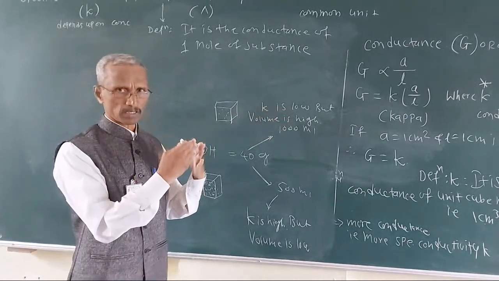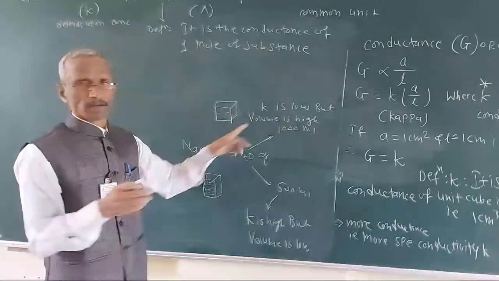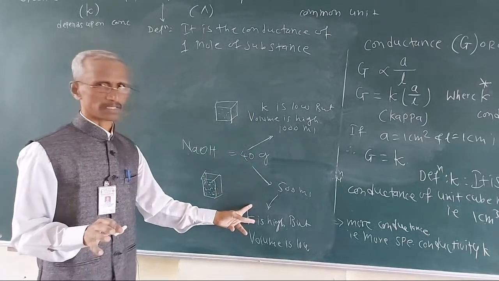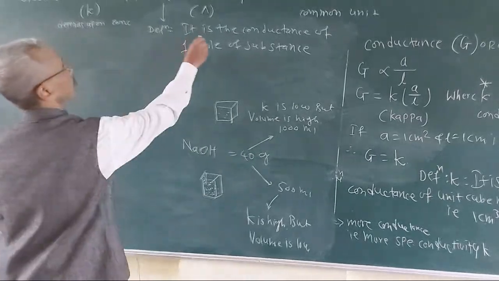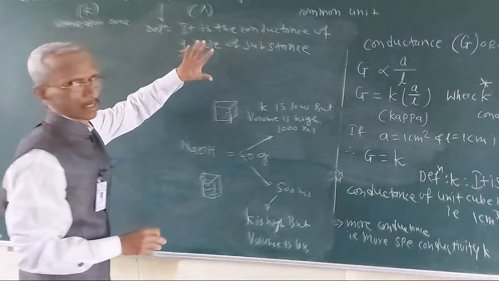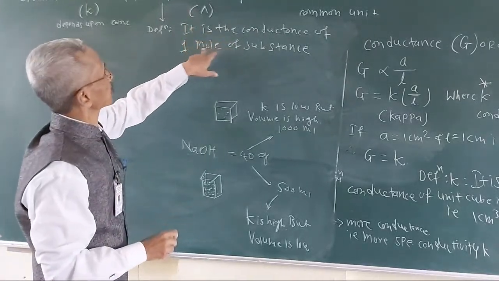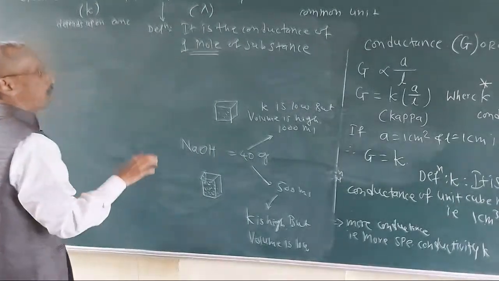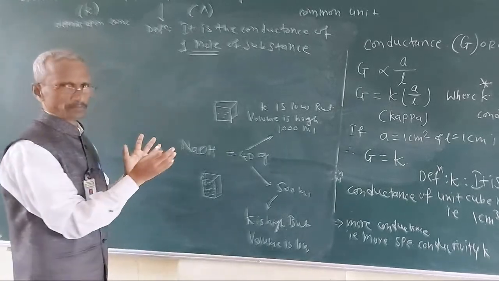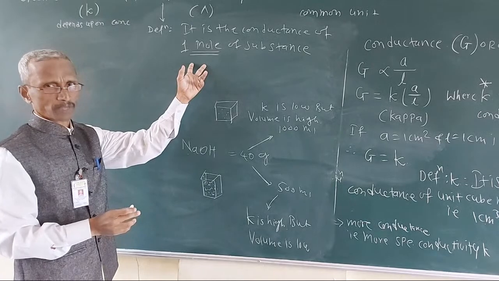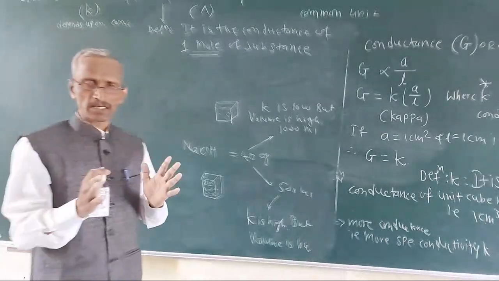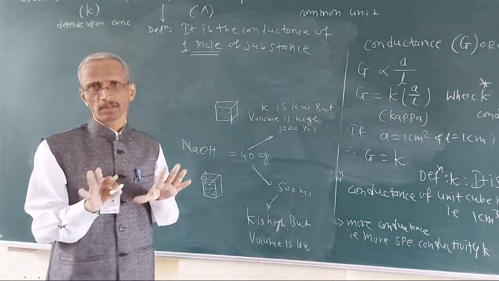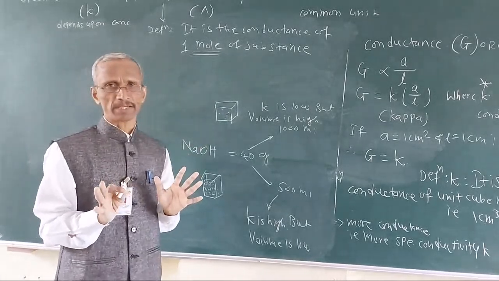But what about the product? K into V is expected to be the same for this case or this case. That means the molar conductivity is the conductance of 1 mole of substance. Whatever that substance is, 1 mole of it is placed between two electrodes large enough to contain all the solution for the measurement.